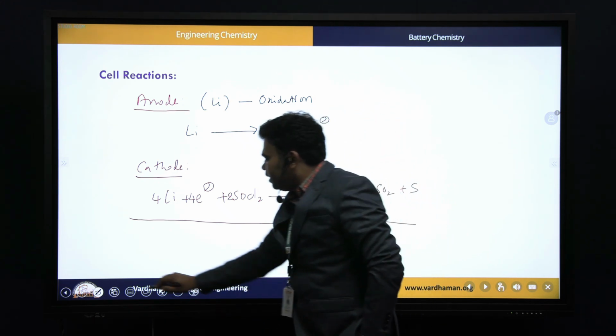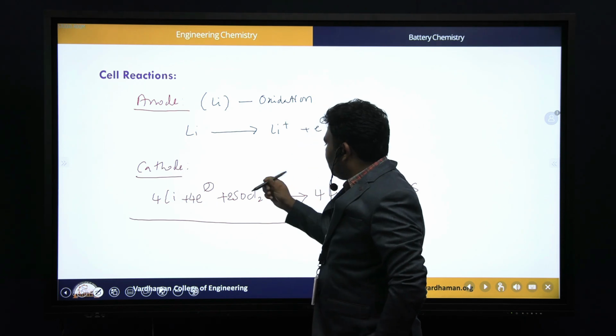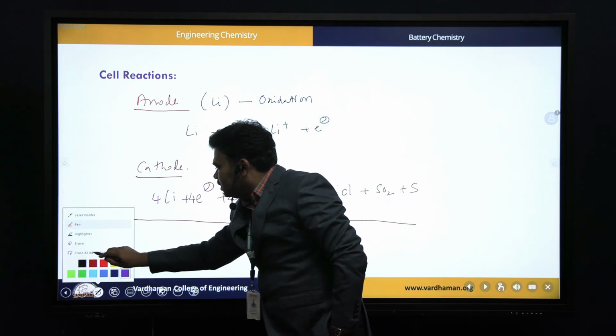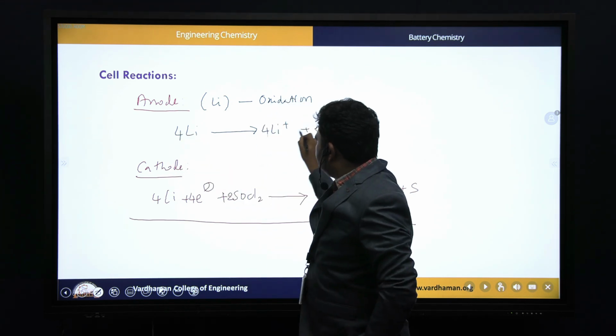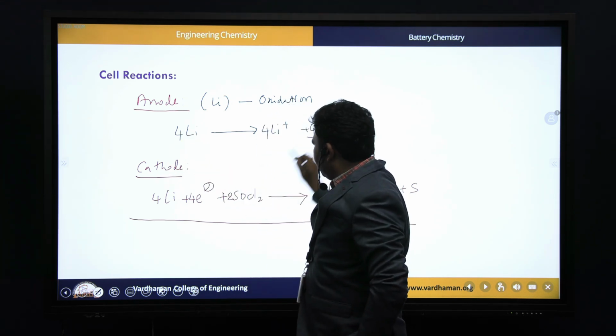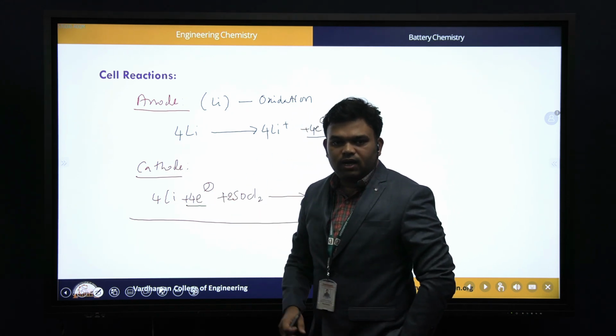And we have to write the net reaction here. What is the net reaction which takes place? Here also we have to balance the equation. This equation is modified as 4 Li plus 4 electrons, as the electrons released at the anode move toward the cathode and take part in the cathodic reaction.